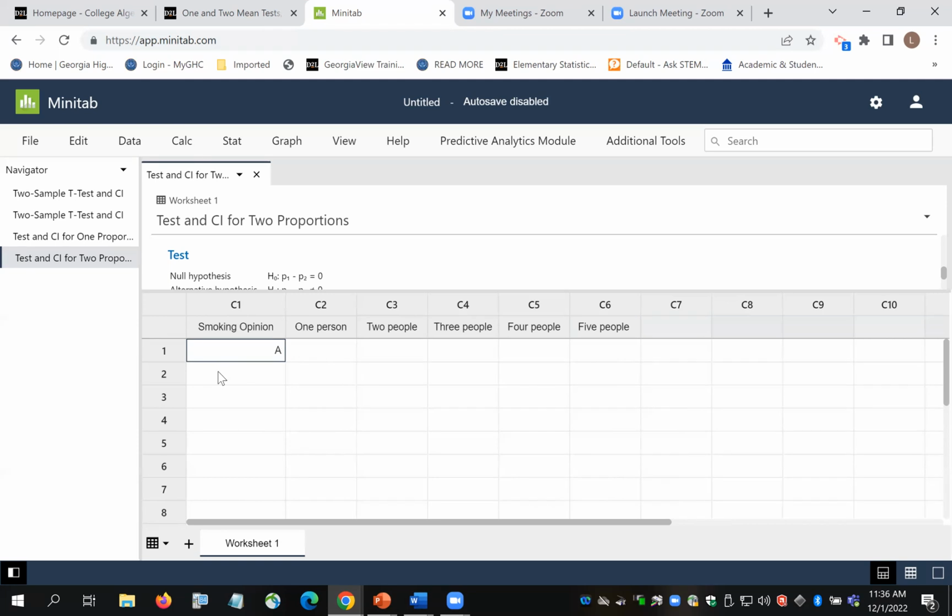So we had agree, no opinion, and disagree. And then we're going to fill in the blanks. So we had 73, 31, 42, 52, 71. You want to be careful, double check, make sure you get the numbers in right.